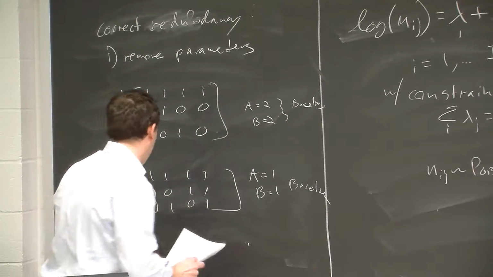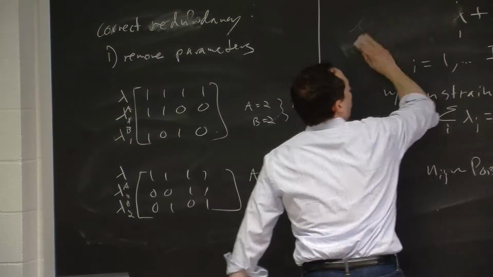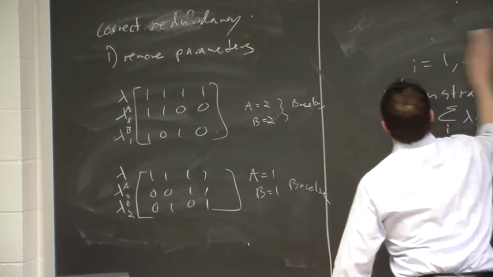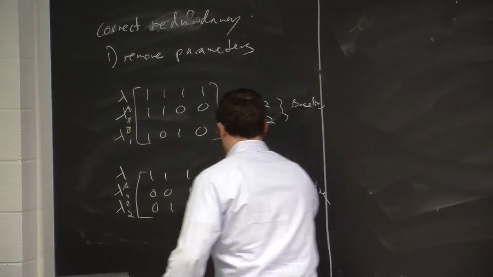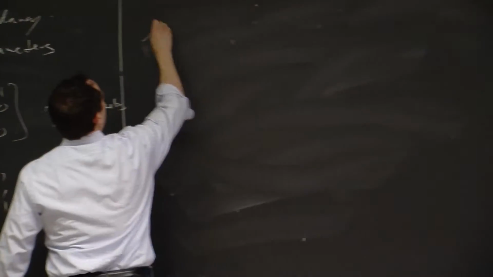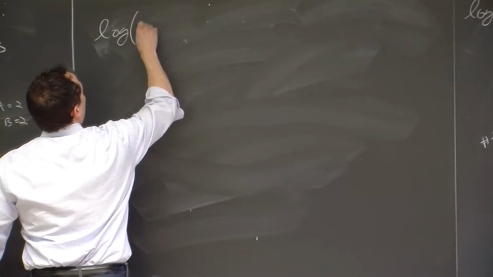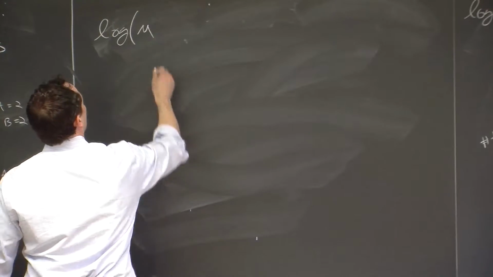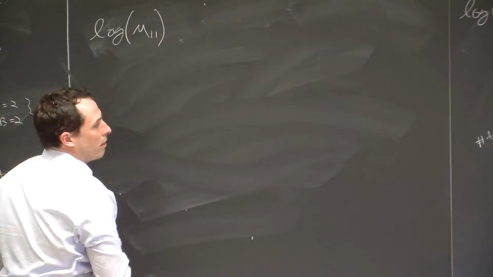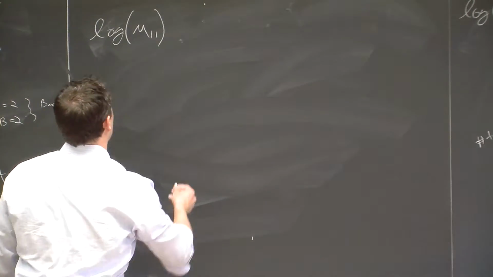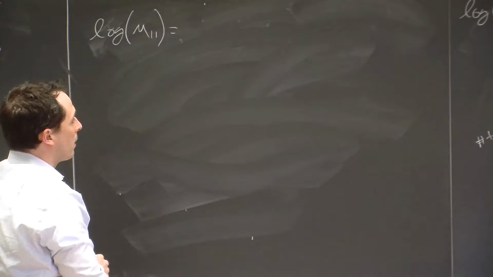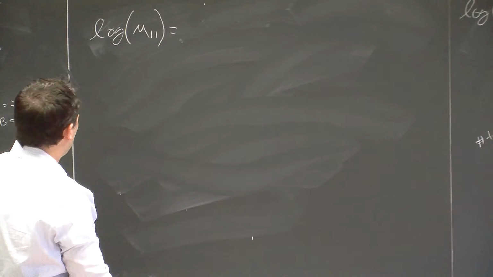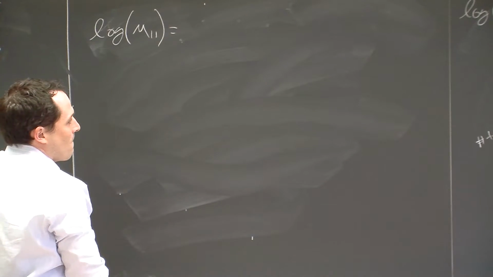And what is this model theorizing? In other words, what is this model predicting about these entries? Well, mu11, according to the log linear model, is what for this independence model that we've written over here?